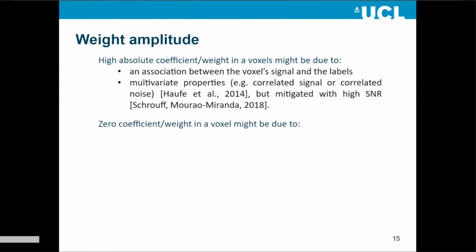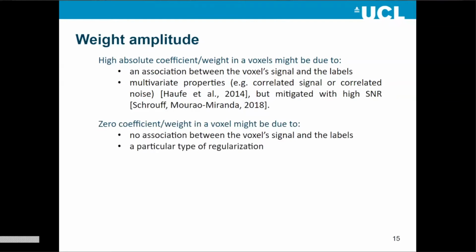Now, a zero coefficient might be due to no association between the voxel signal and the label. That would typically happen if you're using a sparse method, and the classifier or regression machine decided that this variable has no value. But it could also say, well, I already have that information in that other variable, so I'm not going to take both. So that's really just the choice of regularization that's going to impact that value.